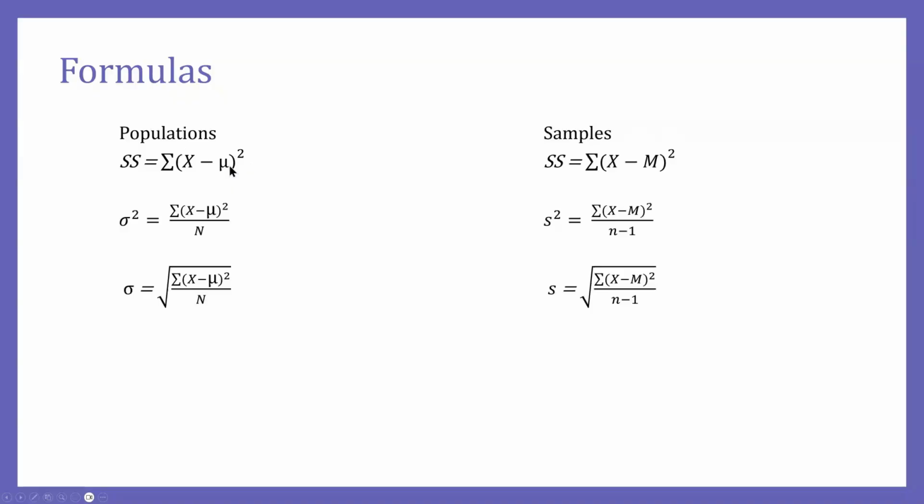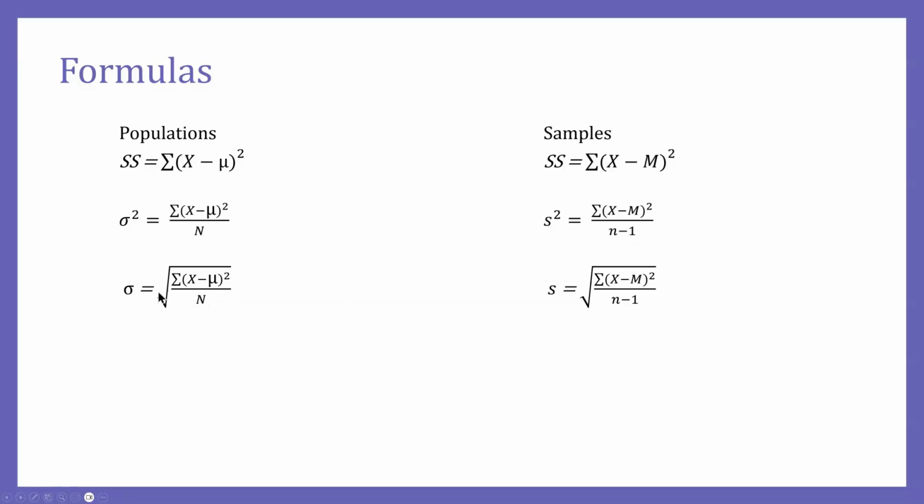So same for sum of squares. The main difference is this variance step. We're using n, or the total number of scores in your data set, or total number of the population, versus this one here where we have the total number for the sample minus 1.